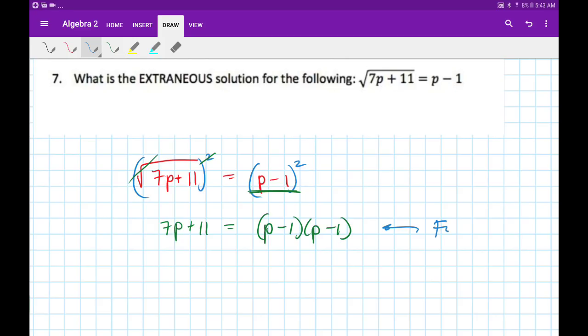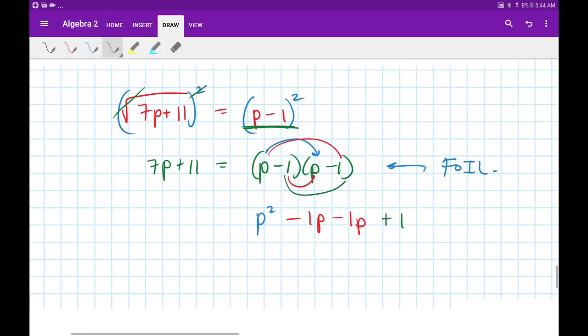And I will now FOIL. So that's going to be p squared, p squared minus 1p, and then minus 1p again, and then plus 1. You have to FOIL very, very carefully.